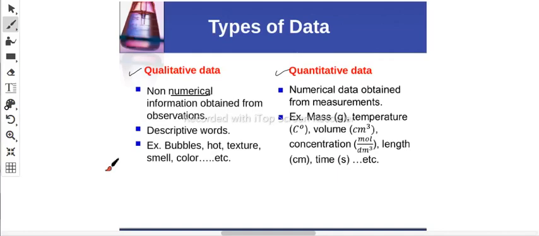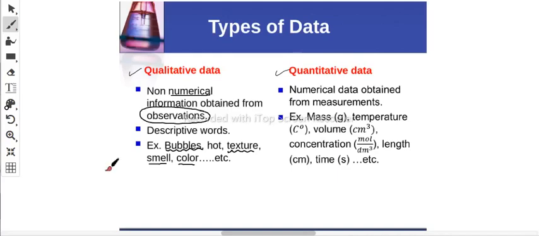Whenever you apply any lab, you need to look for whether there are any bubbles forming, or if the chemical reaction was exothermic or endothermic. So you need to follow the change in temperature. You can go through also the texture of the solution. You can refer also to the smell, the color change, etc. All these data are qualitative. So they are essentially based on your observations.